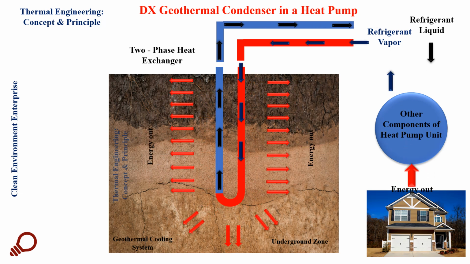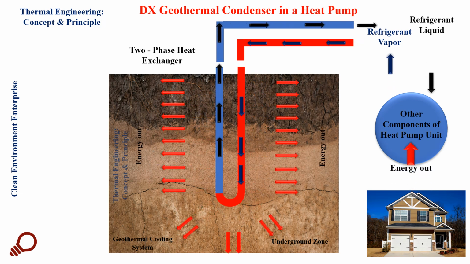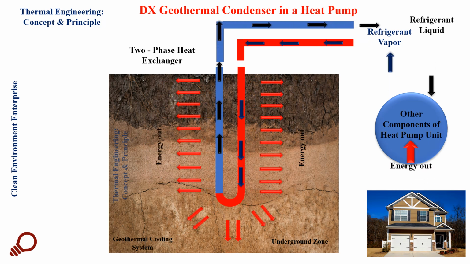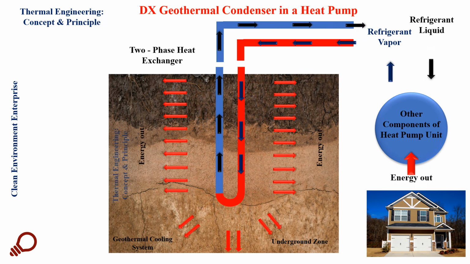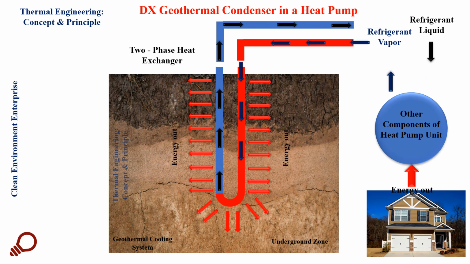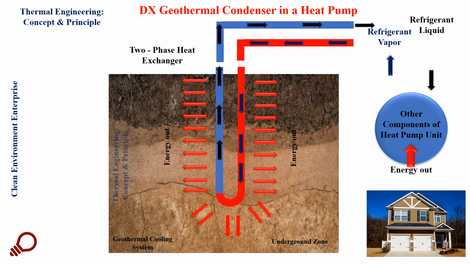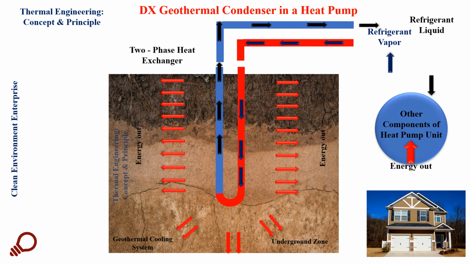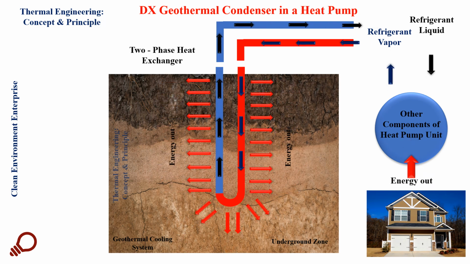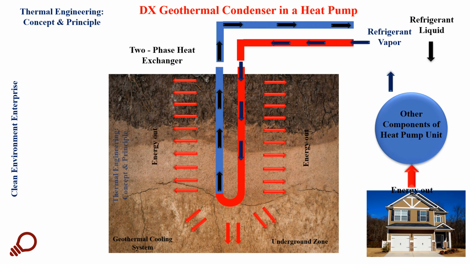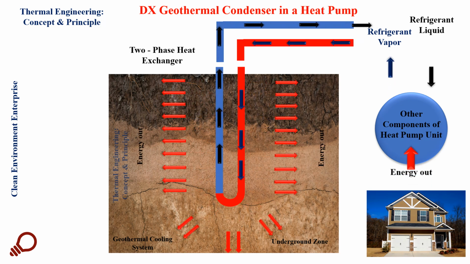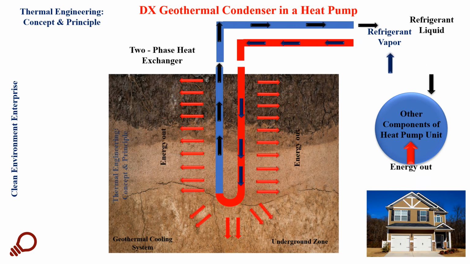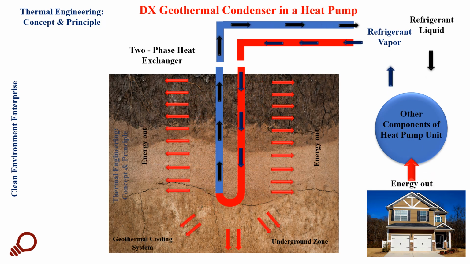Here we have the refrigerant vapor, which is circulated in the heat pump. It passes through the inlet part of the heat exchanger through the red line, and then it rejects energy to the ground, of course, through the filling or the grout, and then returns as a liquid refrigerant to complete the closed circuit of the heat pump.